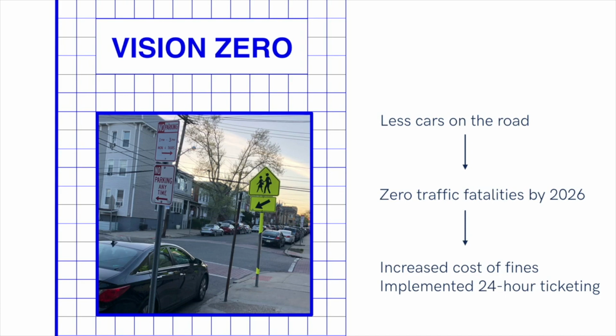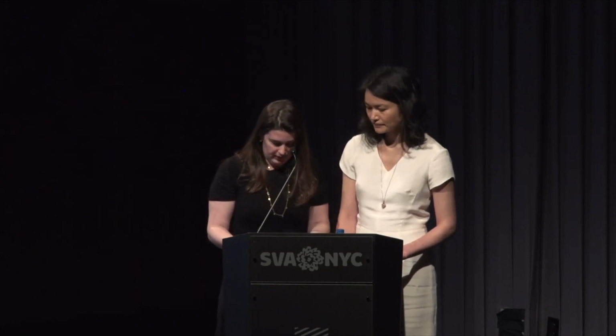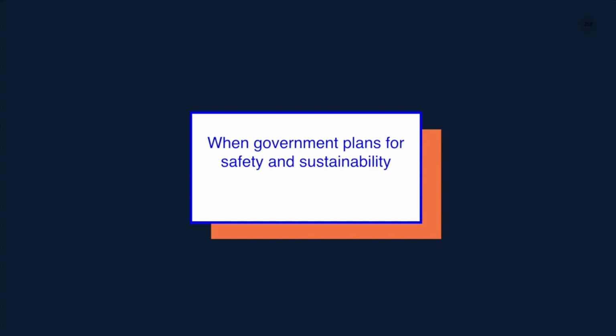But it also added punitive measures like increasing the cost of fines and 24-hour ticketing. The residents we spoke to had never heard of this policy, but were feeling the effects. As social designers, we set out to get clear on the impact of city policies and asked ourselves this: when government plans for safety and sustainability, what gets lost?